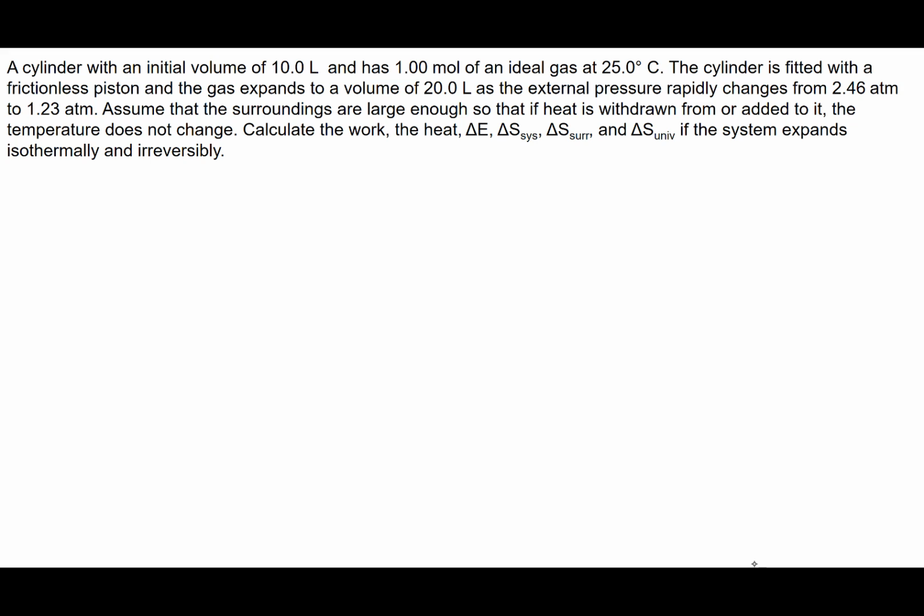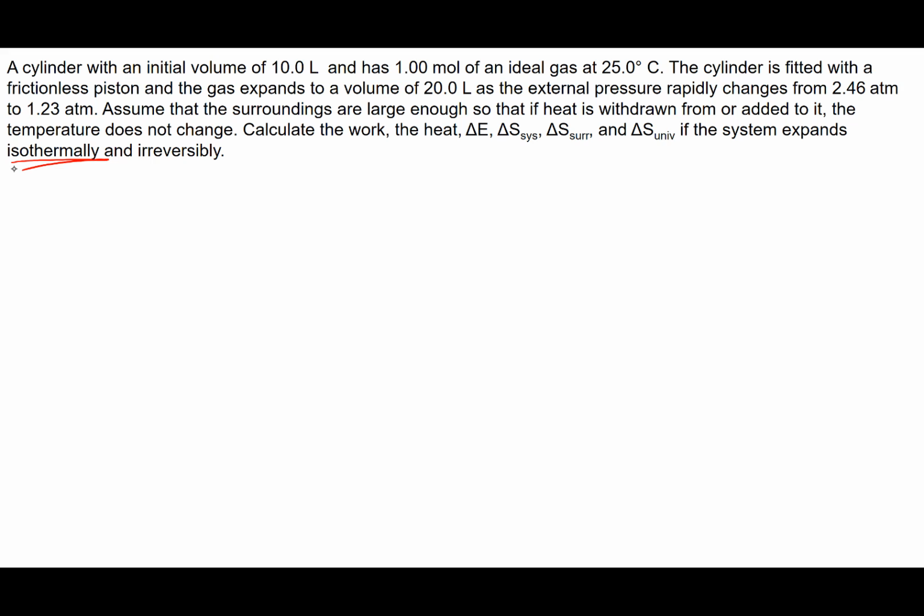So the two big things to identify are, first, that this is an isothermal problem, because the temperature of the system isn't going to change. It's going to stay at constant temperature. The thing we can identify in terms of irreversibility is if there's a rapid change. Anytime you have a rapid change in pressure and volume, those are irreversible processes.